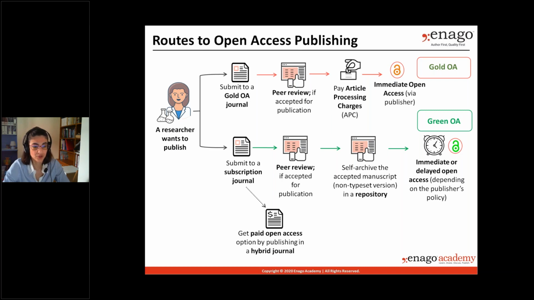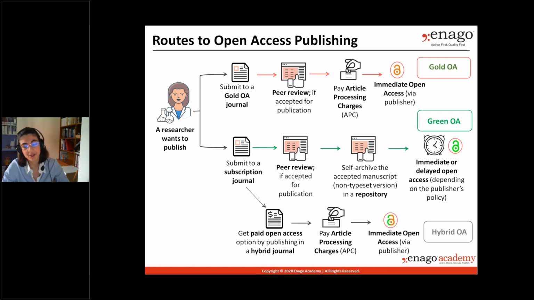And then there's the option, of course, to have the paid open access option by publishing in a hybrid journal. Then you have to pay the processing charge if you want your article to become open access. If you don't choose the option of self-archiving in a repository or paying the publication fee, in the case of a subscription journal, then only those who have subscriptions to the journal will be able to access your manuscript.